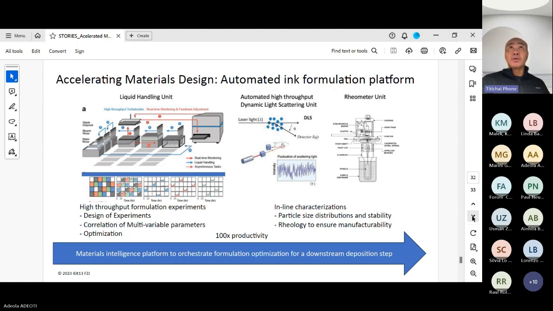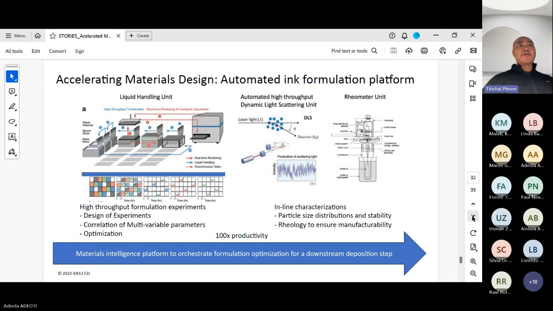So the ink formulation, as I alluded to in the earlier slide, is a very complex field of science that involve multiple interactions of different dispersion medium, ionomer, catalyst particles, as well as carbon particles.